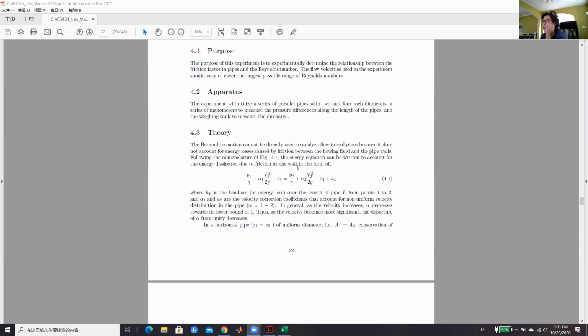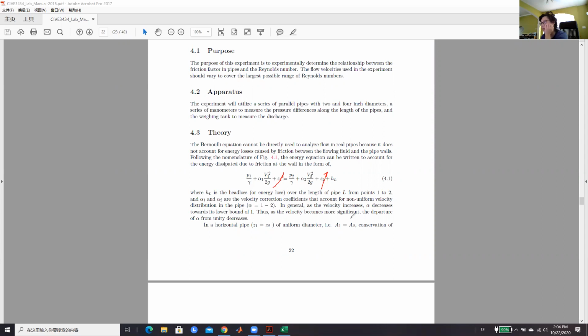So let's talk a little bit about the theory. It's almost the same, right? The energy equation: P1 plus alpha V1 squared over 2g plus Z. Since it's a horizontal pipe, the Z should be equal, right?